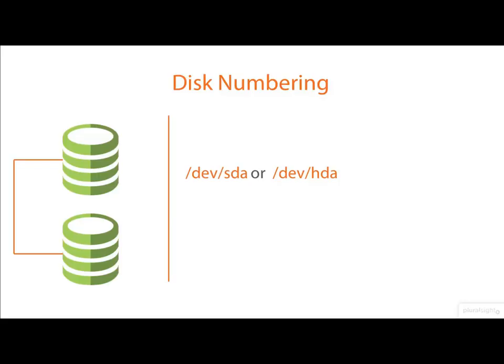It really relates to the 2.4 kernel, where we differentiated between IDE drives and SCSI drives. The SCSI drives would be sd and the IDE drives would be hd. But since the 2.6 kernel, pretty much all of our fixed drives are showing as sd devices.